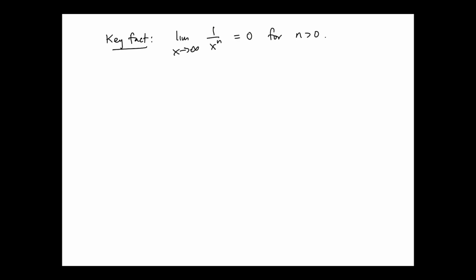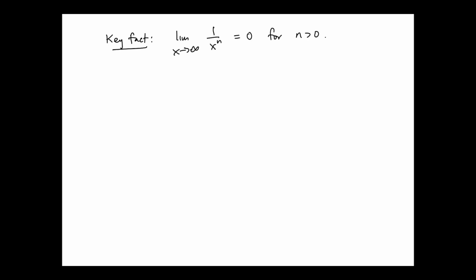If I divide 1 by 10 trillion, are we basically talking 0 at that point? It's not technically 0, but it's so close that, who cares. And so everything we're going to do with rational functions, which is to say polynomials divided by other polynomials, is going to come down to this fact along with the limit laws that we've already used.